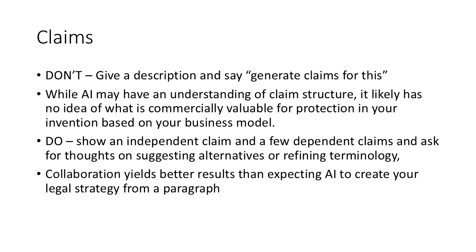This helps turn the AI into a collaborator, not just a claim generator. You as the human are still in charge of the legal strategy. The AI is just helping to explore different options. Collaboration yields better results than just expecting AI to create a legal strategy from your paragraph.